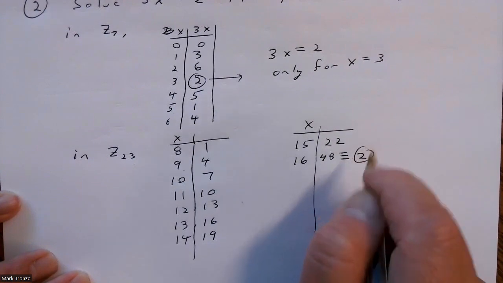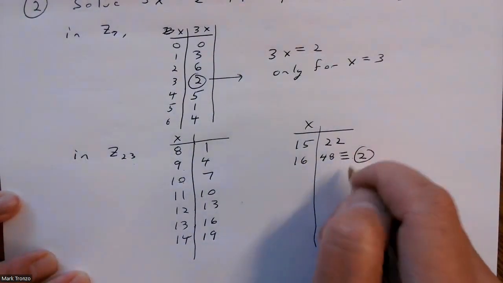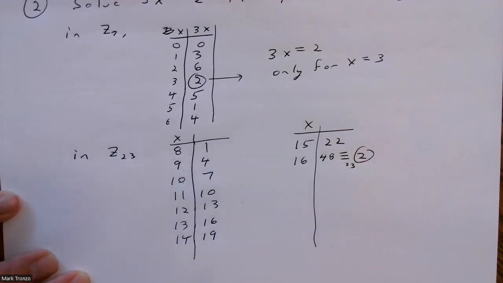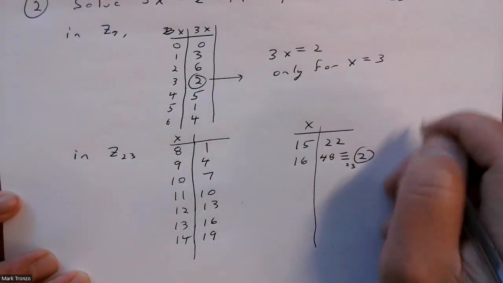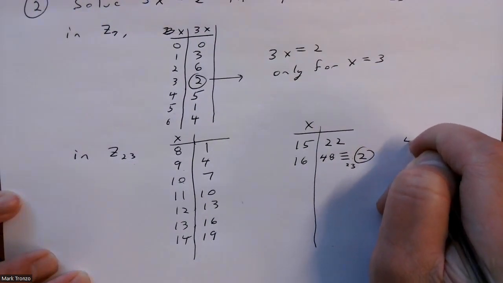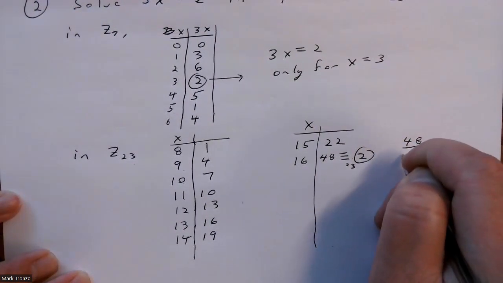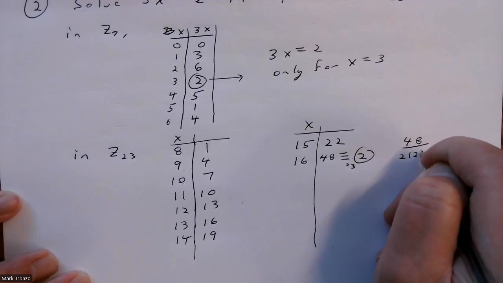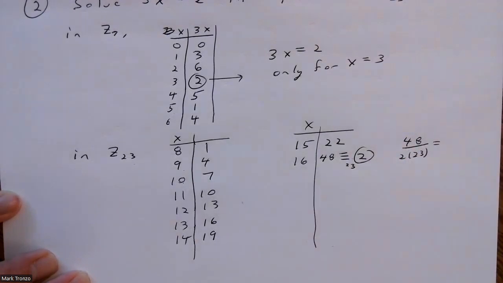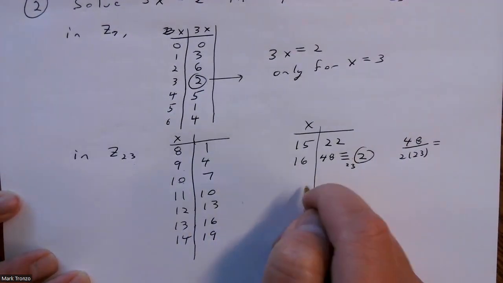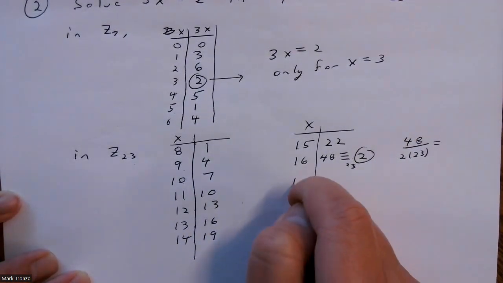Because if we take 48 mod 23, the answer is going to be 2, because if we take 48 minus 2 times 23, that'll be 46. So that'll be one solution. So that gives us 2.